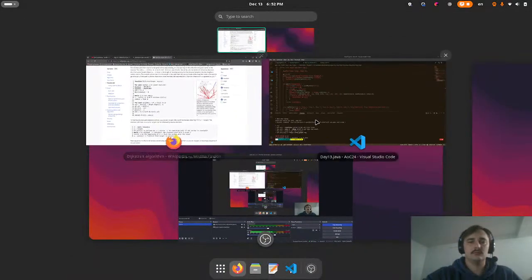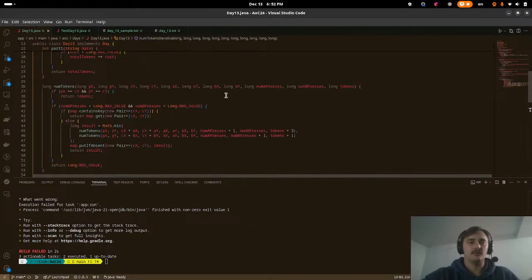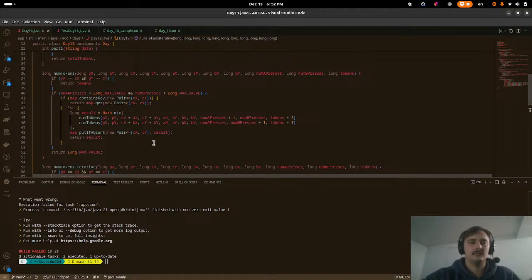To make that graph, I think you just want to do a DFS. Do a DFS to make the graph. How far should you search though?